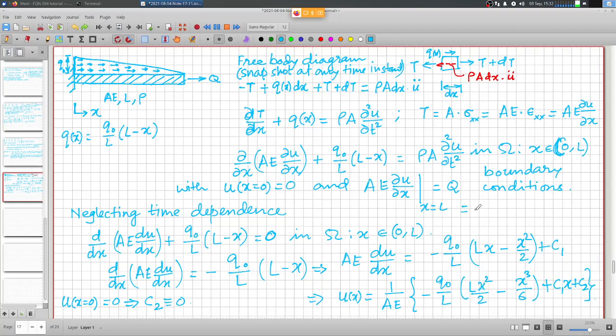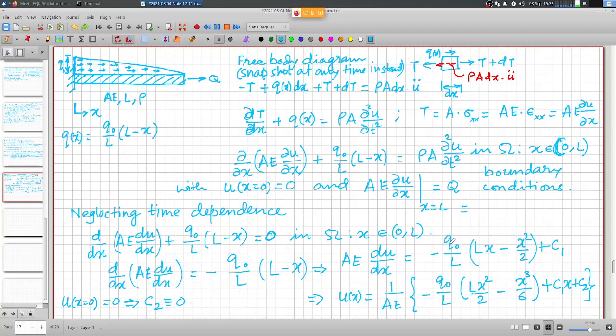So substitute AE times du by dx at x is equal to L. Substitute L here, x is equal to L. So L square minus L square by 2, so that is L square by 2.